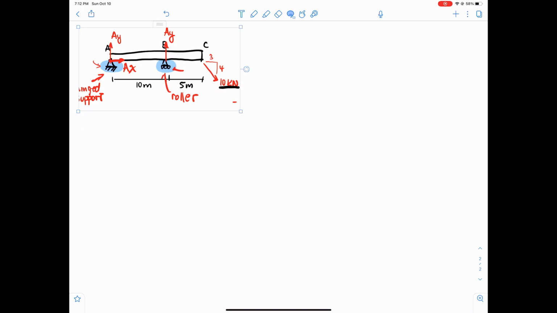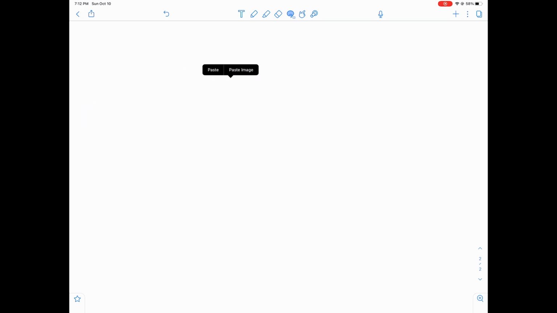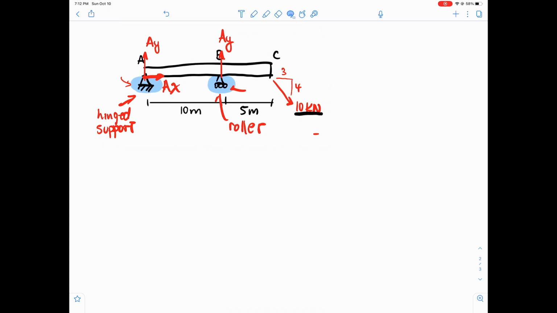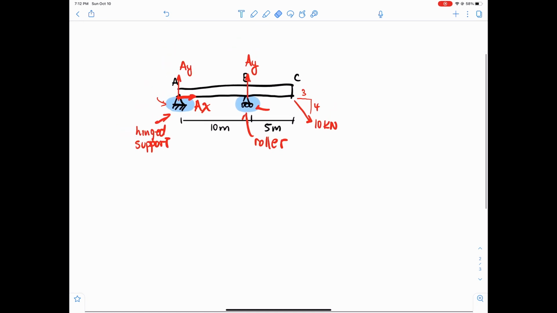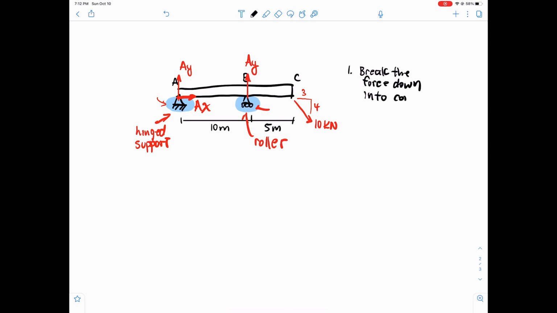So, the first step is to break the force down into components.